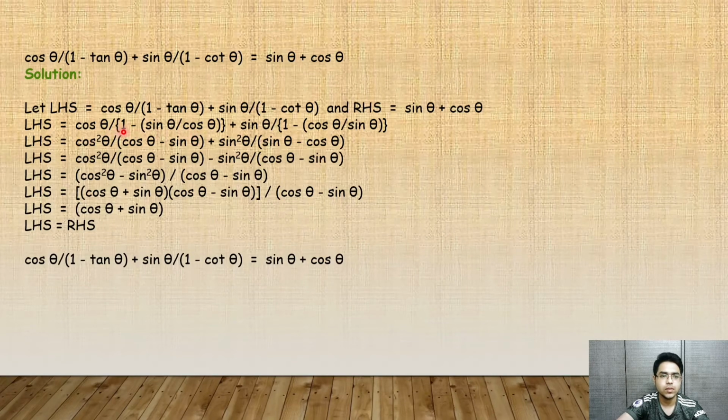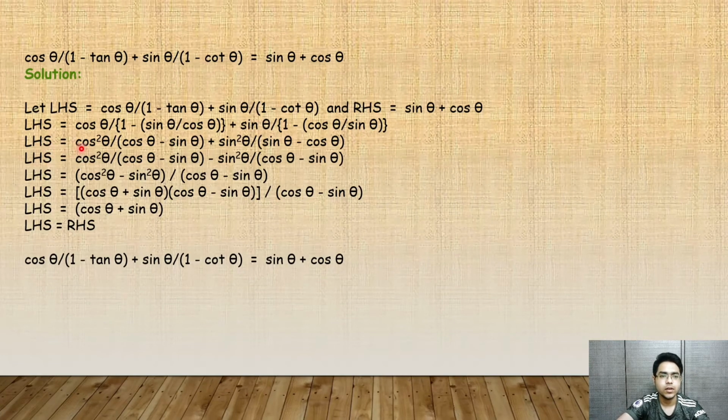This cos theta will be getting cross multiplied here, and as it is in the denominator, it will be getting multiplied with this cos theta. Similarly here, sin theta divided by, in curly bracket, 1 minus cos theta upon sin theta. This sin theta will be getting multiplied by 1, and sin minus cos in one bracket divided by sin theta, and this sin theta will get multiplied in the numerator.